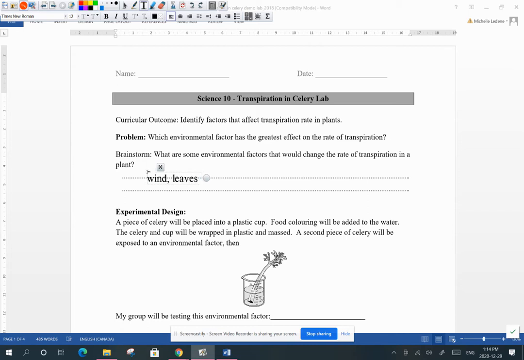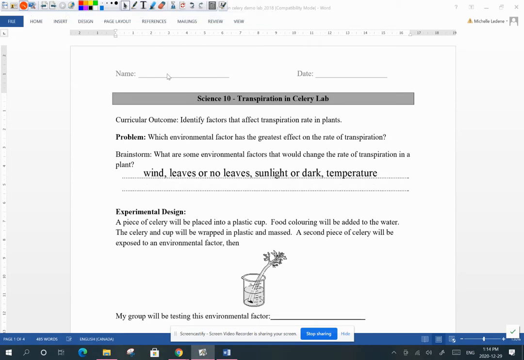Whether there's leaves or no leaves on your celery plant, whether you expose the plant to sunlight or leave it in the dark. What else could you do? Temperature, right? What is the effect of temperature? High temperature versus low temperature, right? There's all sorts of different factors that you could look at and study.